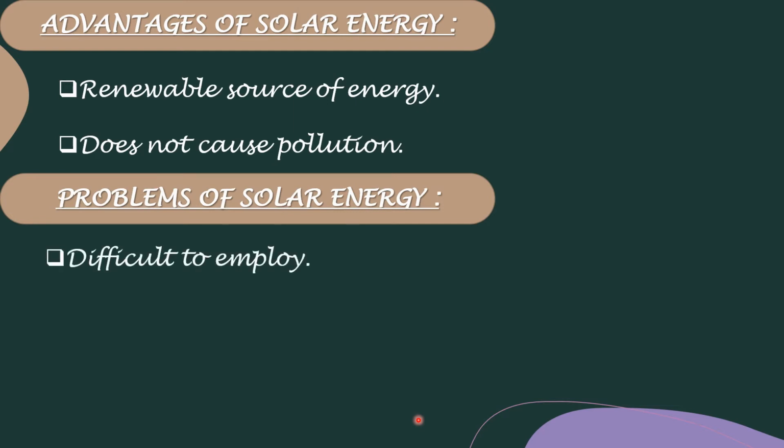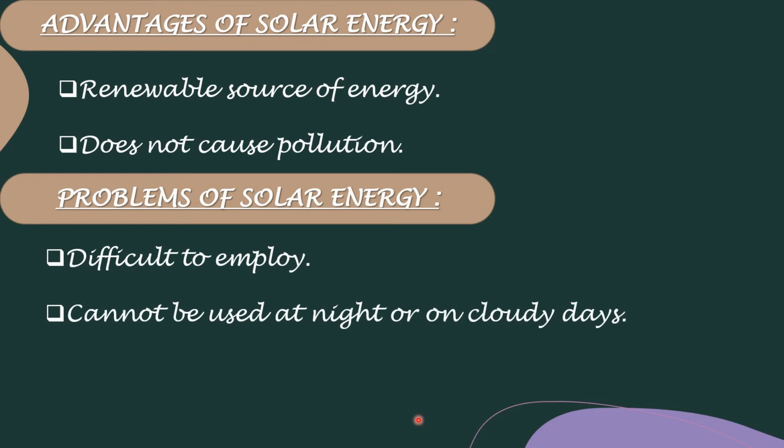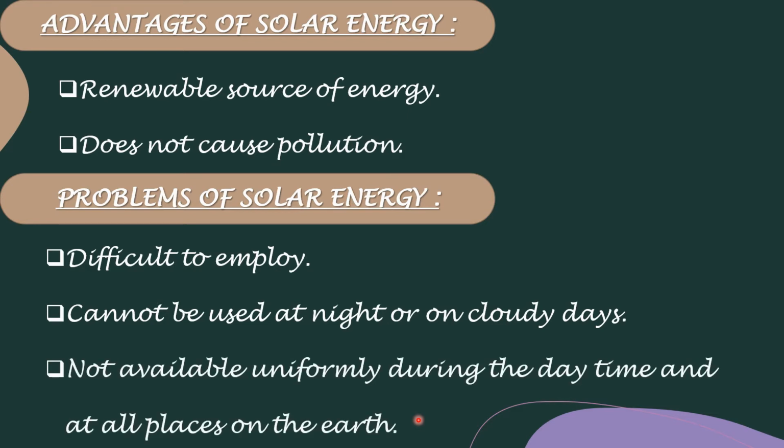Solar energy is difficult to employ. Employ means to use. And solar energy cannot be used at night or on cloudy days. And solar energy is not available uniformly during the daytime and at all the places on the earth.